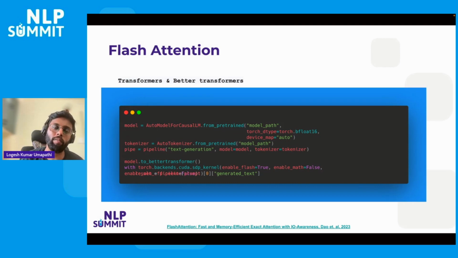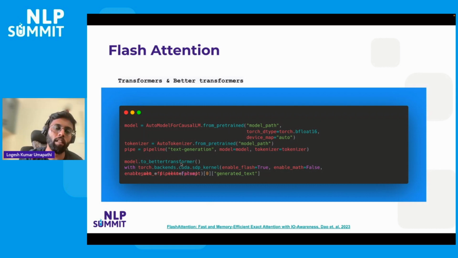There are multiple ways we can utilize these features. One is using transformers and better transformers. We can initialize a model as we usually do with AutoModelForCausalLM, and the same tokenizer and pipeline. One difference is model.to_bettertransformer.